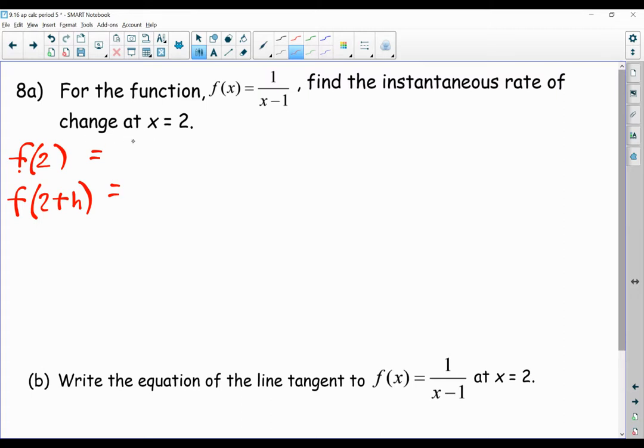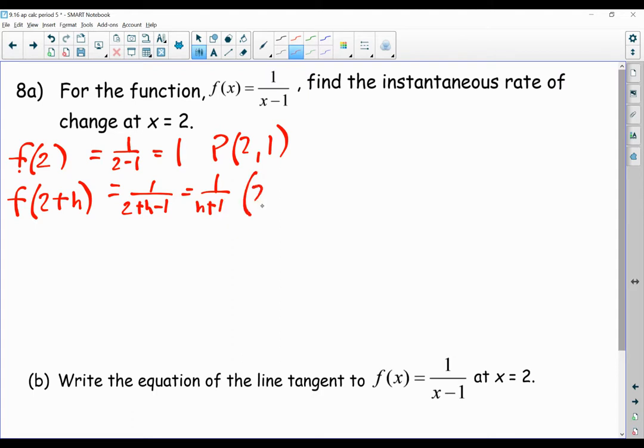If I plug in 2, I get 1 over 2 minus 1, which is just 1. So I have the point 2 comma 1. If I plug in 2 plus h, I get 1 over 2 plus h minus 1, which simplifies into 1 over h plus 1. So I have the point 2 plus h, comma, 1 over h plus 1.